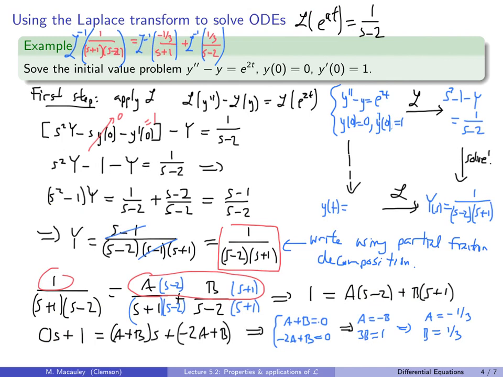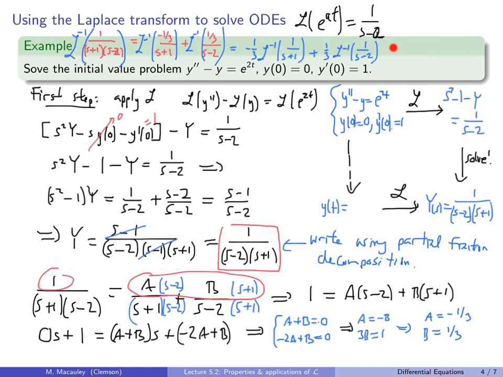So I'm going to write this as negative 1/3 times the inverse Laplace transform of 1 over s plus 1 plus positive 1/3 times the inverse Laplace transform of 1 over s minus 2. And, oh, actually, I realized I just made a mistake up here, s minus 2. That 2 should be a. Yeah, so that's an a.